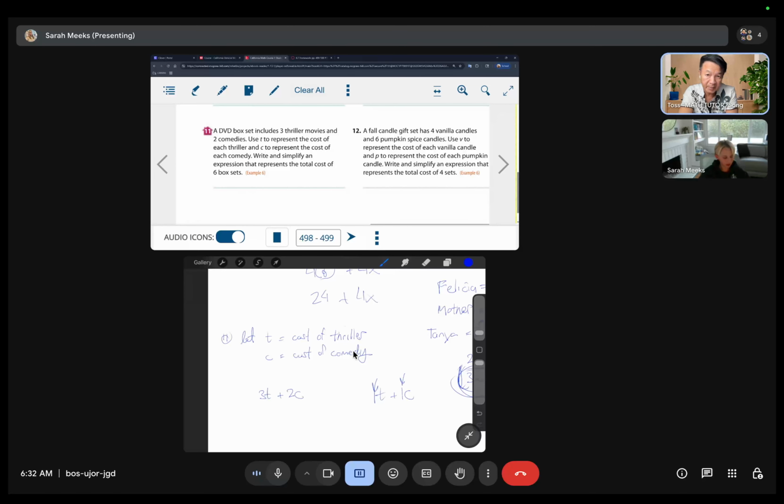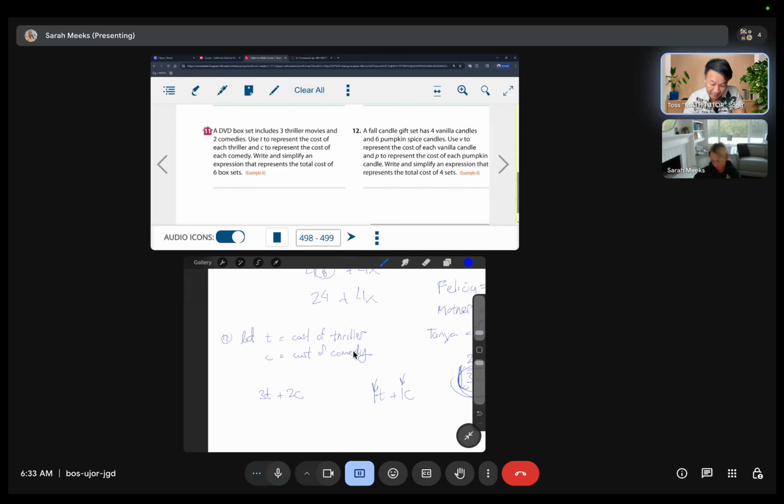In each box there are 3 thrillers and 2 comedies, so you multiply by that number of DVDs. Each one is a DVD. A T is one DVD, a C is another DVD. So that's why. And then that times 6.